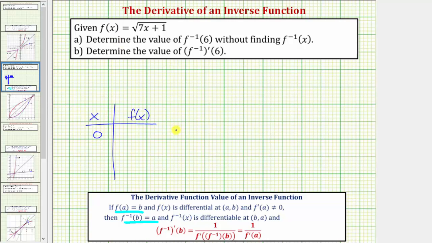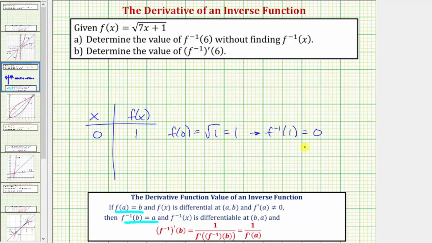If x equals 0, notice how f of 0 would just be equal to the square root of 1, which equals 1. So because f of 0 equals 1, this tells us that f inverse of 1 must equal 0. Again, if f contains the point 0, 1, the inverse contains the point 1, 0.